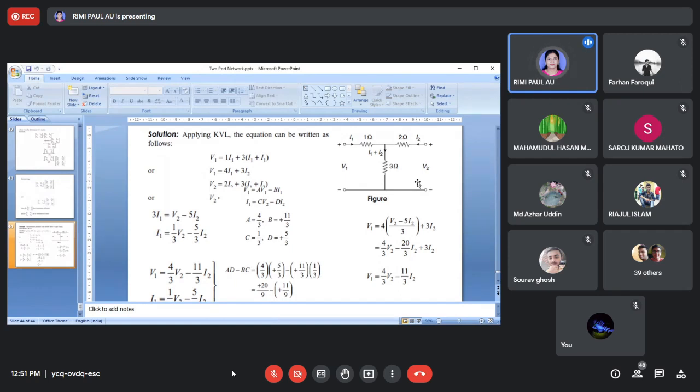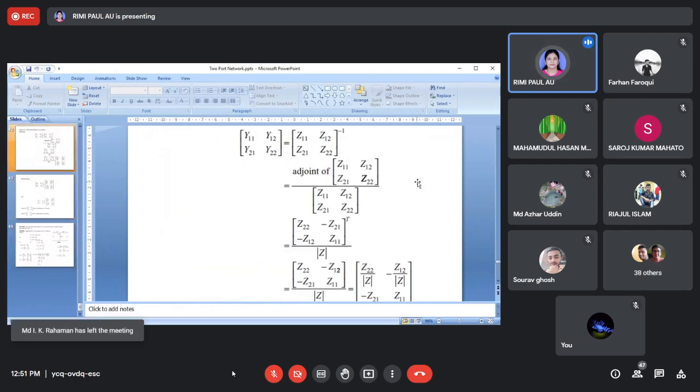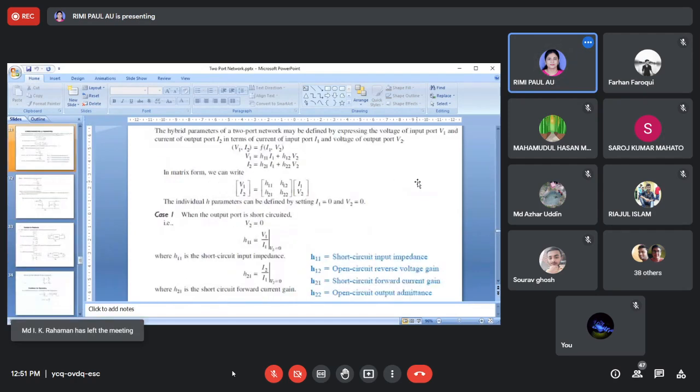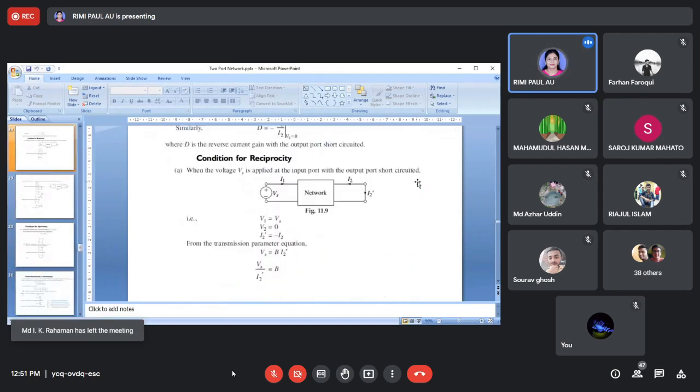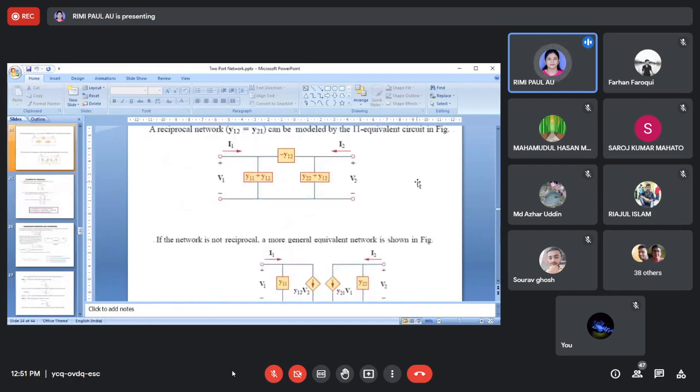Then you can find the Y parameter. Or you can do it the same way, but here you will take a current source.